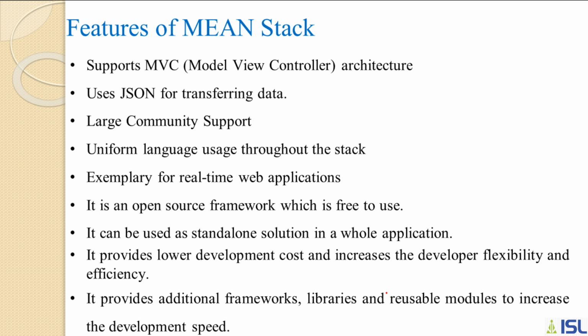MVC, model view controller, as we saw in AngularJS, follows the model view controller architecture. It uses JSON for transferring data. As you know, JSON and XML are used for transferring data, but JSON is an object notation, JavaScript Object Notation. With the help of that we can transfer data from client to server.